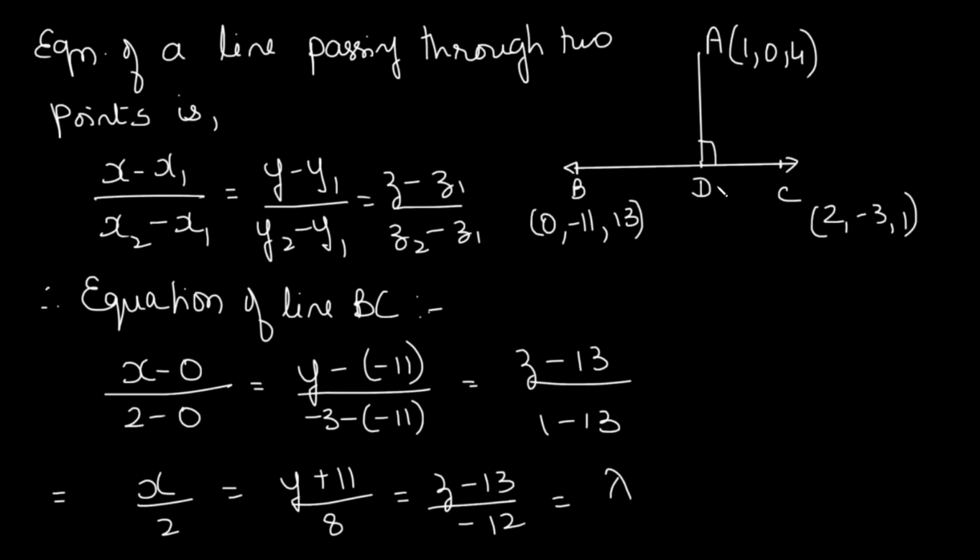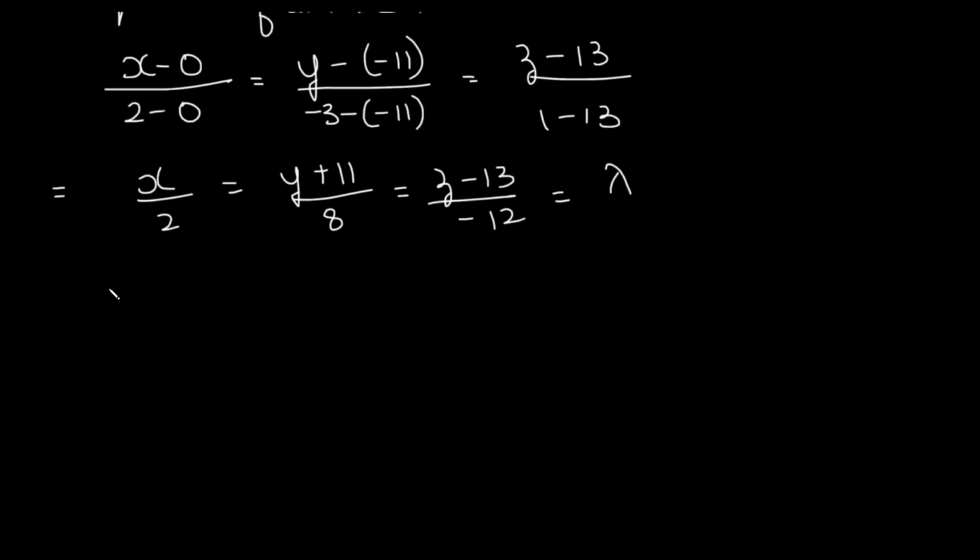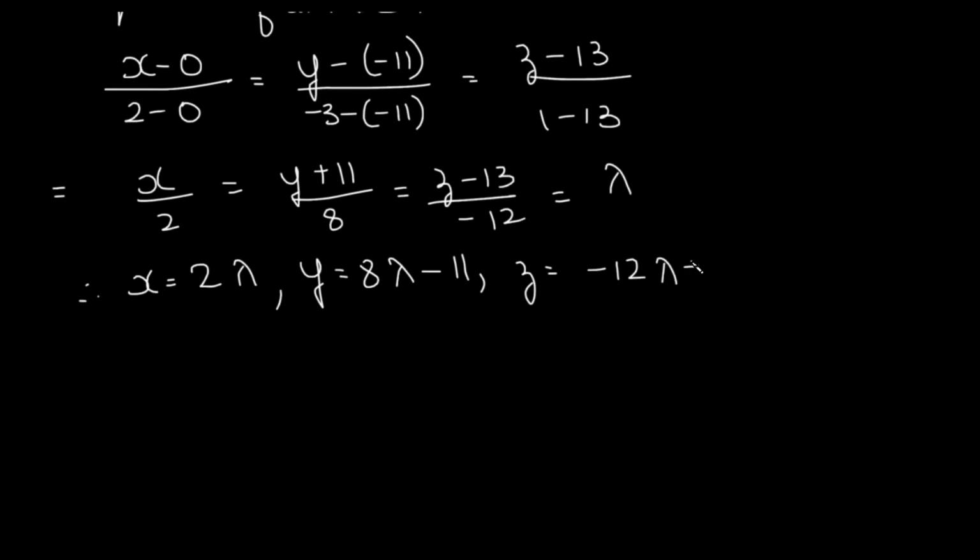So any point D will have accordingly coordinates of the line, isn't it? So over here from this equation, let me help you out a little further. Therefore, x is equal to 2 lambda, y is equal to 8 lambda minus 11, and z is equal to minus 12 lambda plus 13.